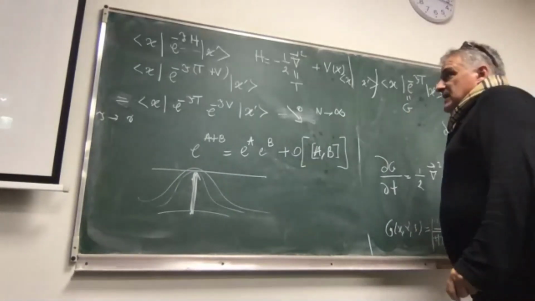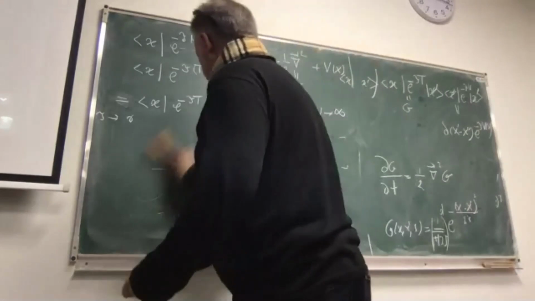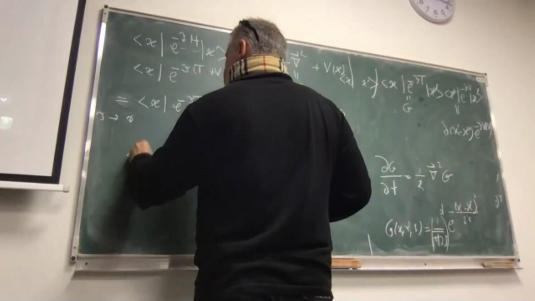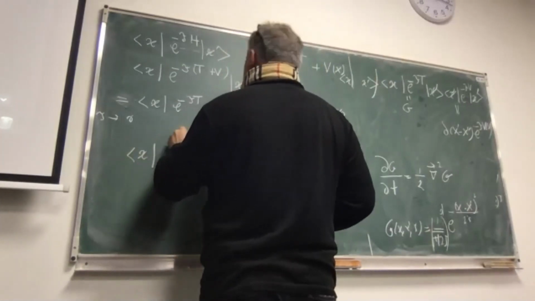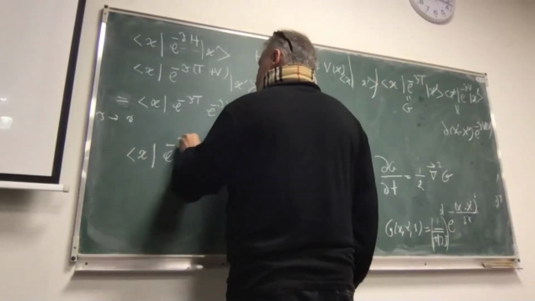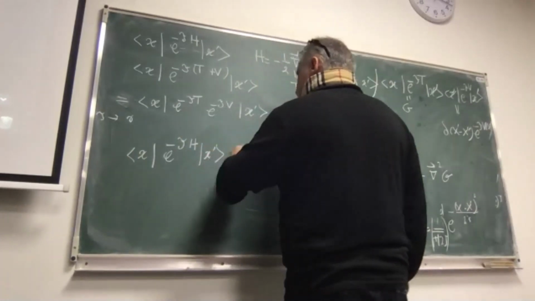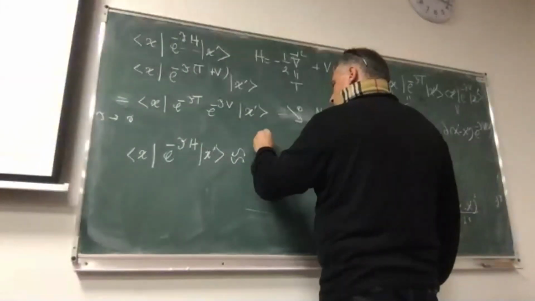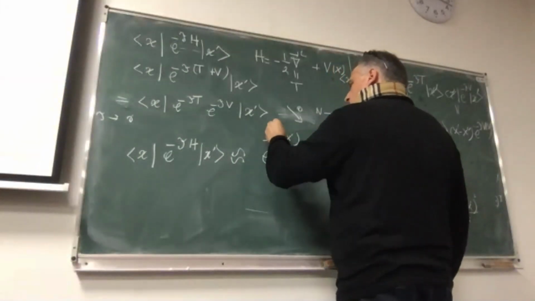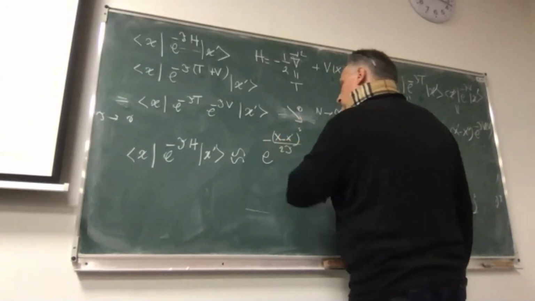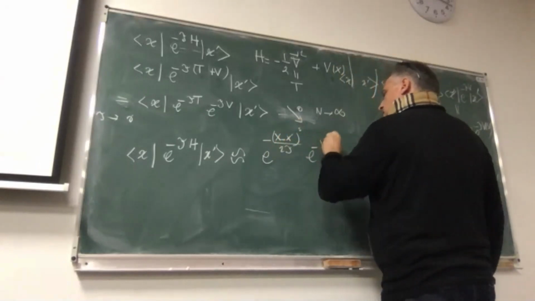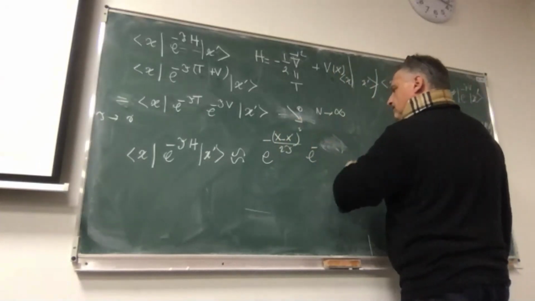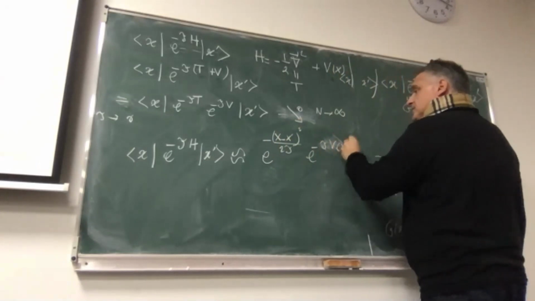So at the end of the day, this is what we have to recall, exponential minus tau H is approximated by the Gaussian times this quantity, and it's done.